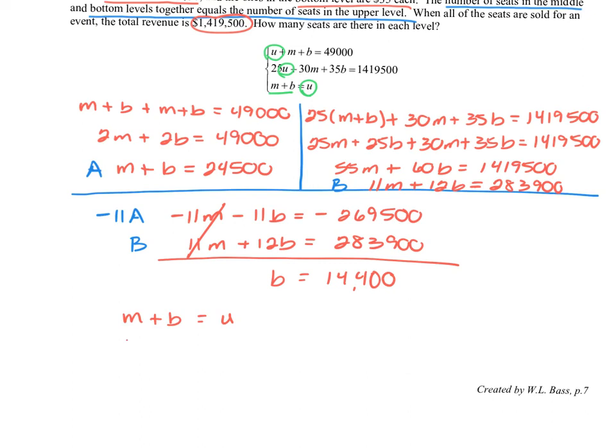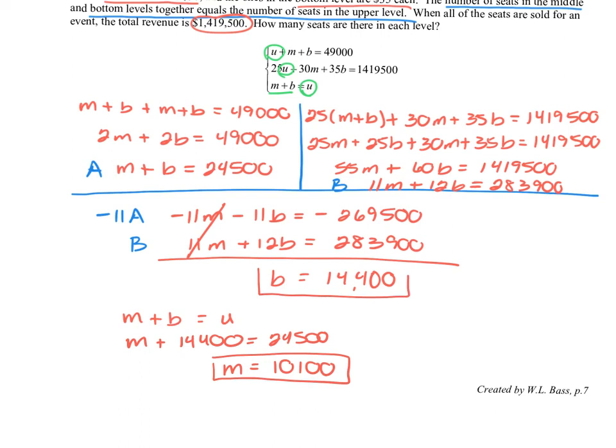So we've got our middle plus the 14,400 equals 24,500. So our middle is going to be 10,100. Of course, we can see now at this point that the upper are supposed to be 24,500 from this equation right here: the middle plus the bottom is the 24,500.